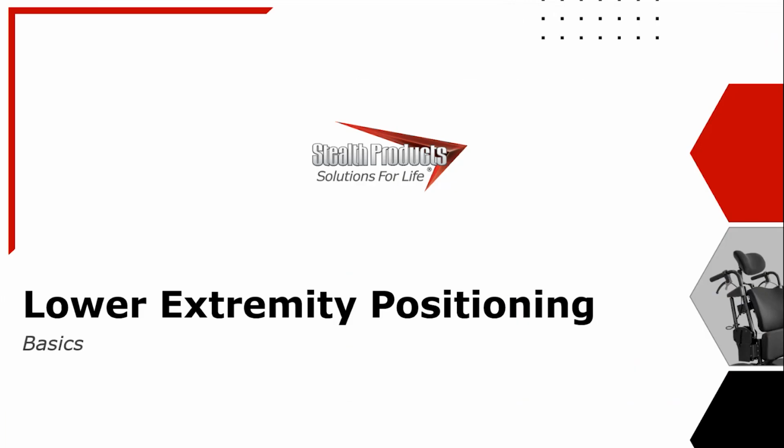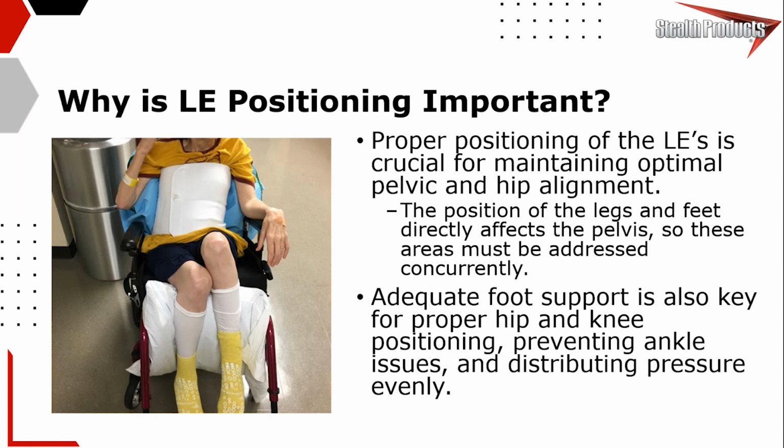So what do we need to know about positioning those lower extremities? That's the first question we want to ask, right? We'll start by asking, why is this so important? When we talk about positioning the lower extremities or any body part, we all hopefully by now know that the pelvis is our base of support when we're seated.